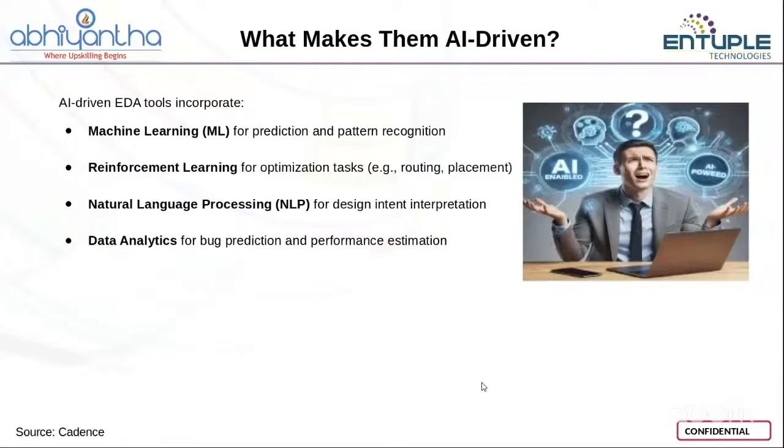Machine learning algorithms are used for predictions and pattern recognition, reinforcement learning is there, and natural language processing, NLP, for design intent interpretation. Then we have big data analytics for bug prediction and performance estimation.